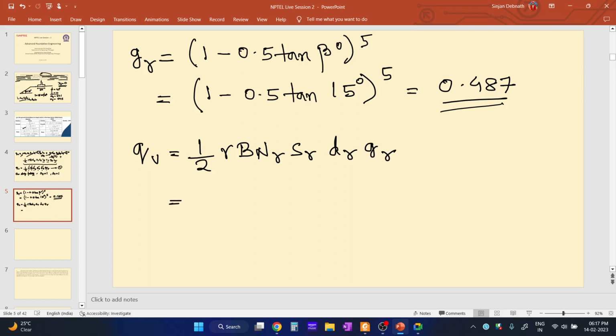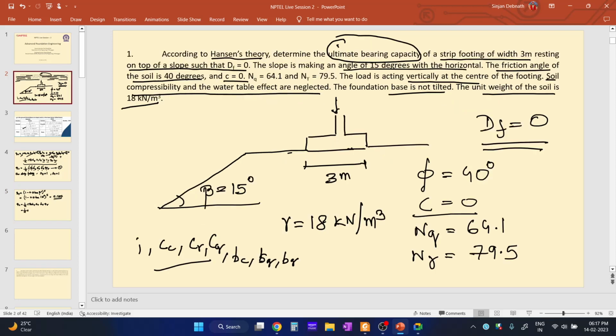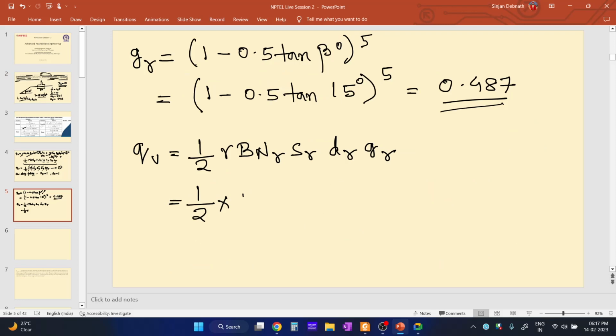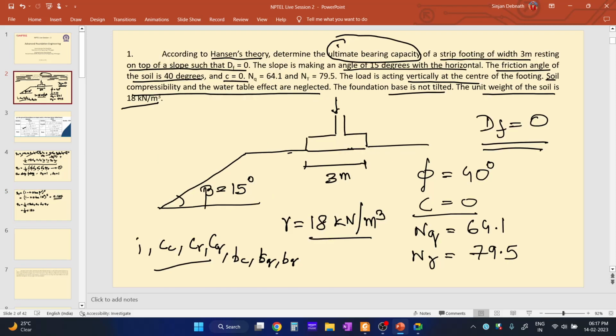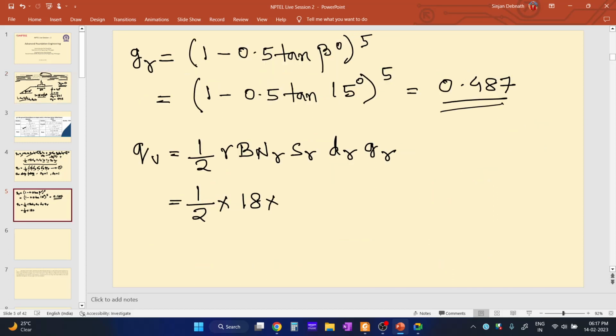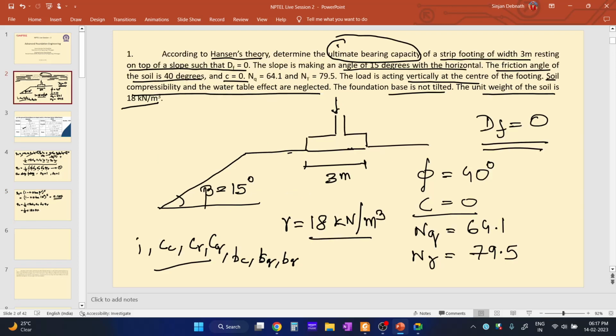So what are the values of all these parameters? The unit weight of the soil, what is the unit weight of this soil? It is 18 kilonewton per meter cube. So it is 18. And what is the width of this strip footing? It is 3 meter. 3. And what is the value of N gamma? N gamma is 79.5.